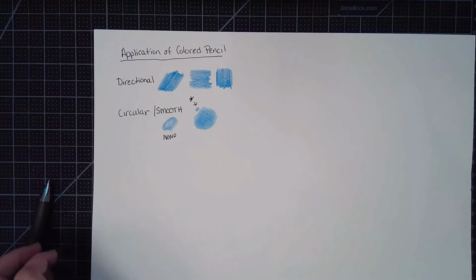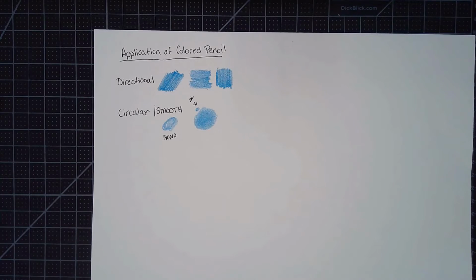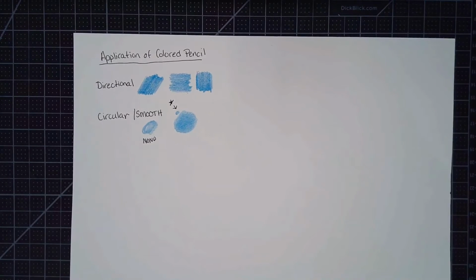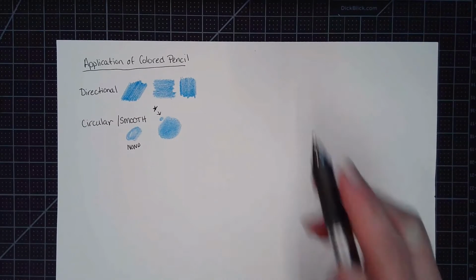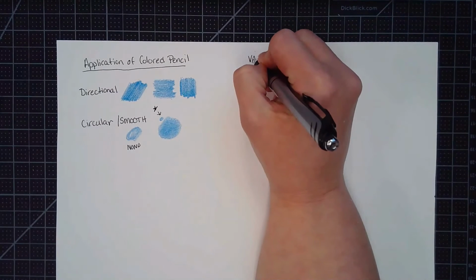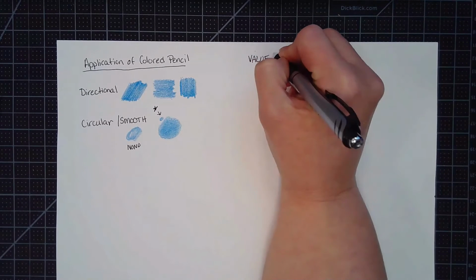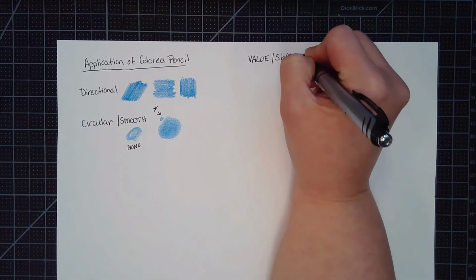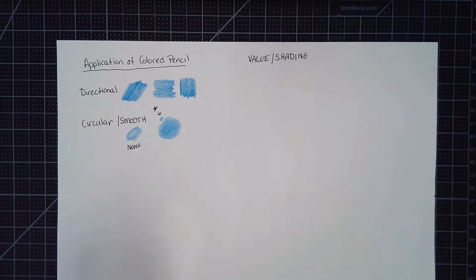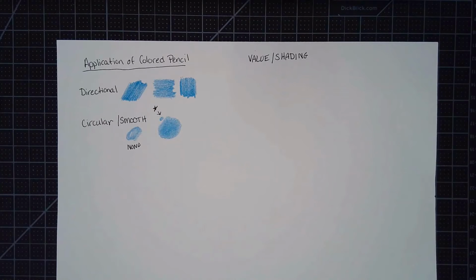Okay, so now that we've talked about a couple of different ways to apply colored pencil, now we're going to talk about value and shading. So if you've noticed, our sketchbook that we have been working on has been using a lot of terms and introducing us to a lot of techniques that we've been using in this project.